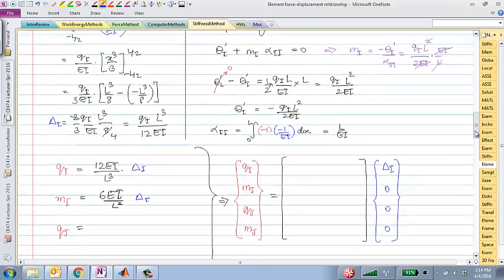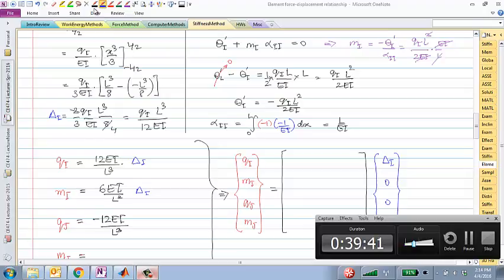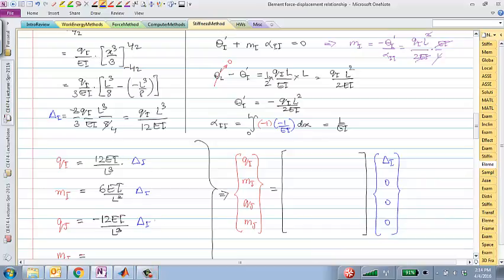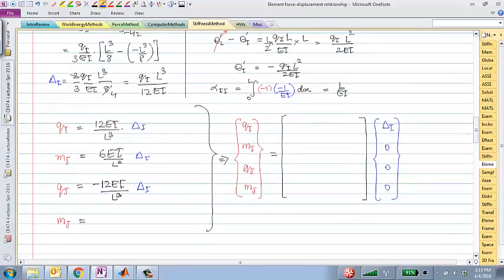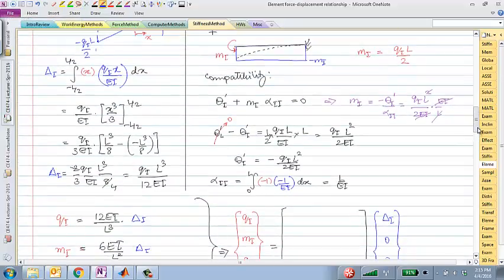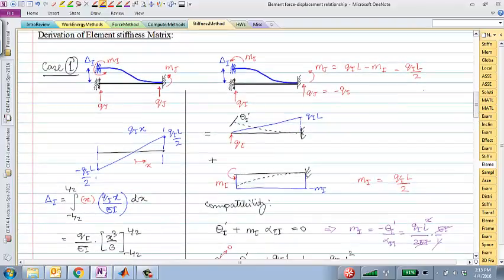And finally, QJ is nothing but negative QI, so that would just be minus 12 EI over L cubed times delta I. And finally, MJ is also QI L over 2.